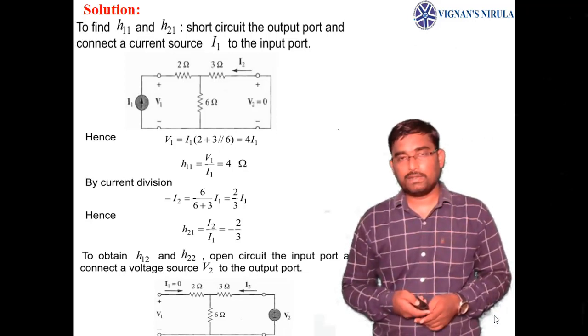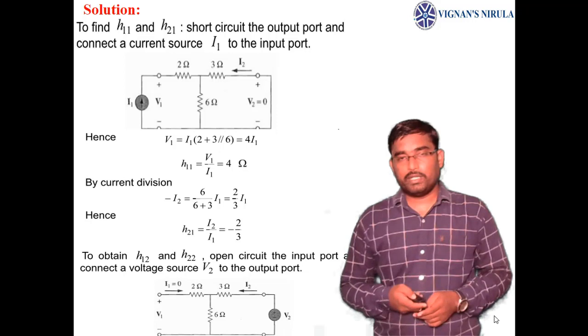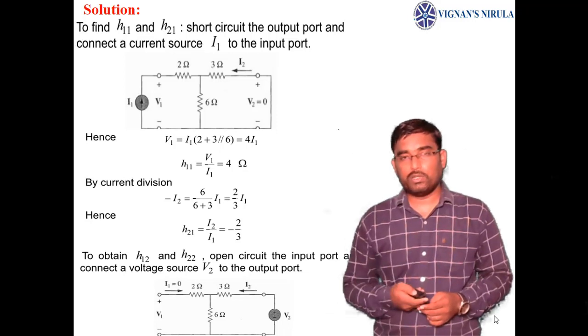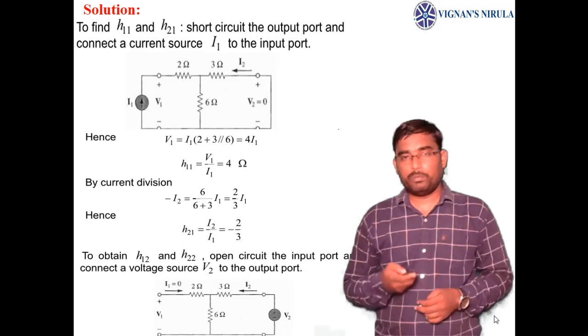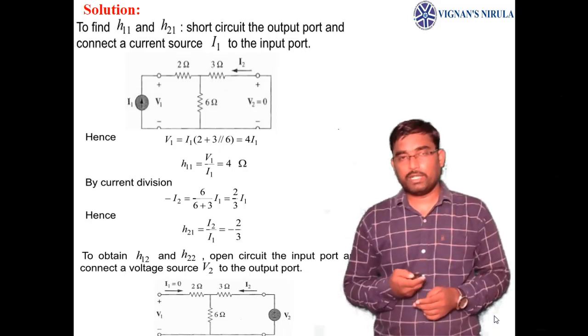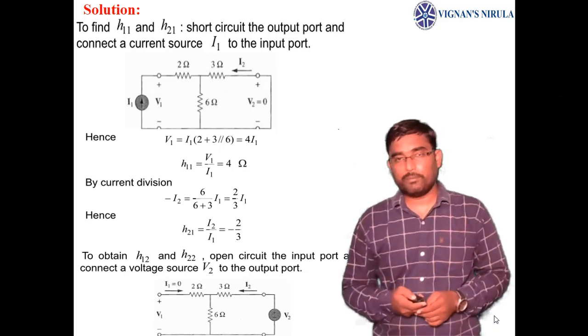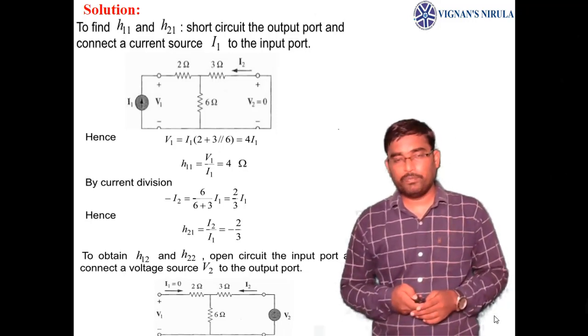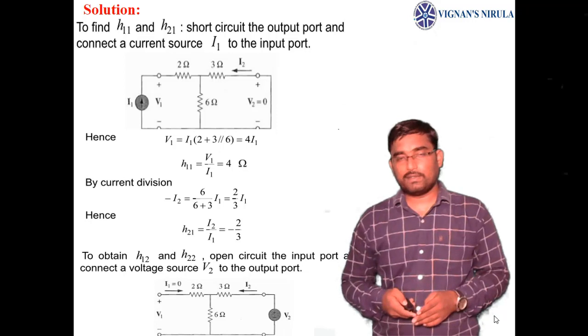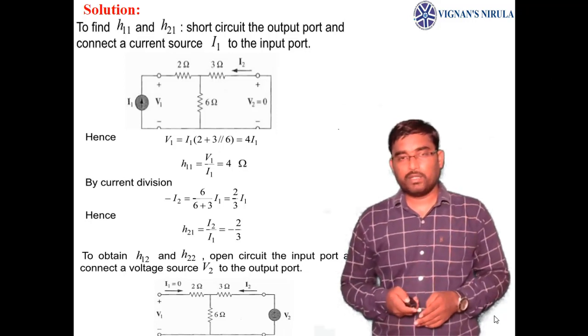which is also dimensionless. Now, in order to find the parameters H12 and H22, we need to take the input port as open circuit. So by taking port 1 as open circuited, that is I1 is taken as 0, the respective equivalent circuit is drawn over there.